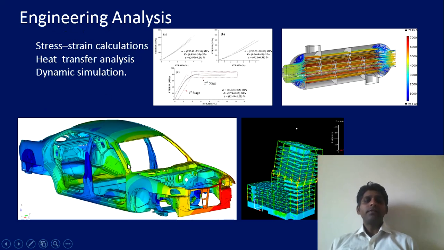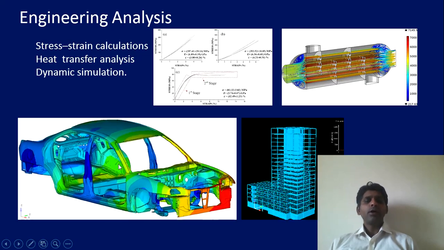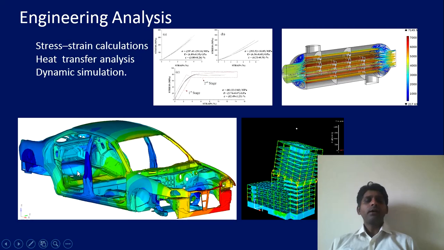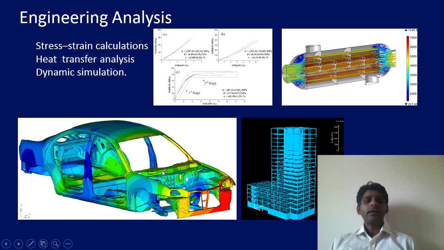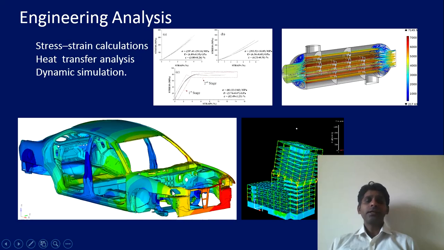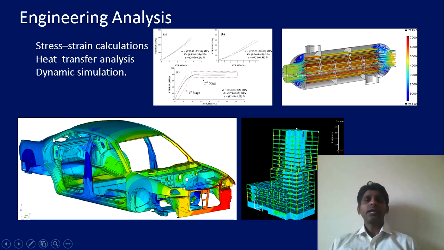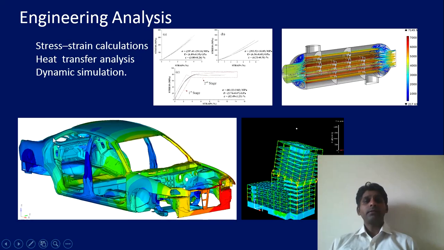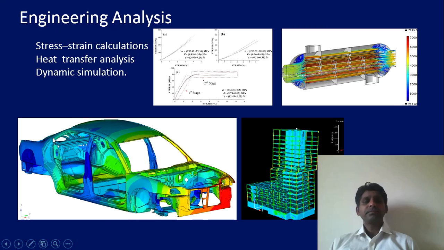But for this, especially for this car, we have to first generate or prepare a model in one of the modeling software, and then this has to be meshed. There are many meshing software available in the market. The most widely used is HyperMesh.